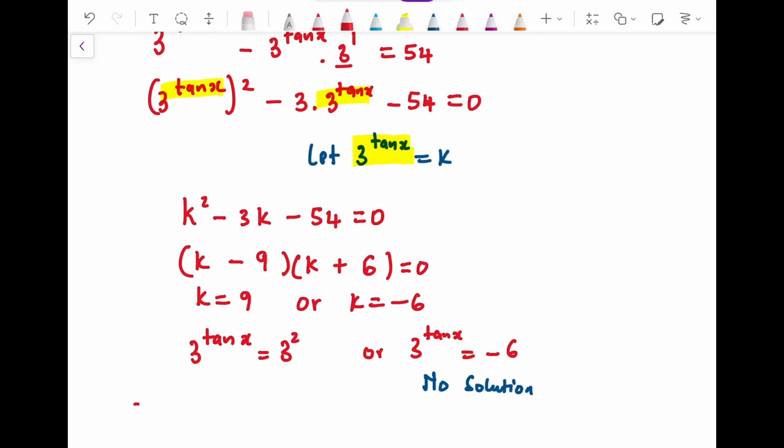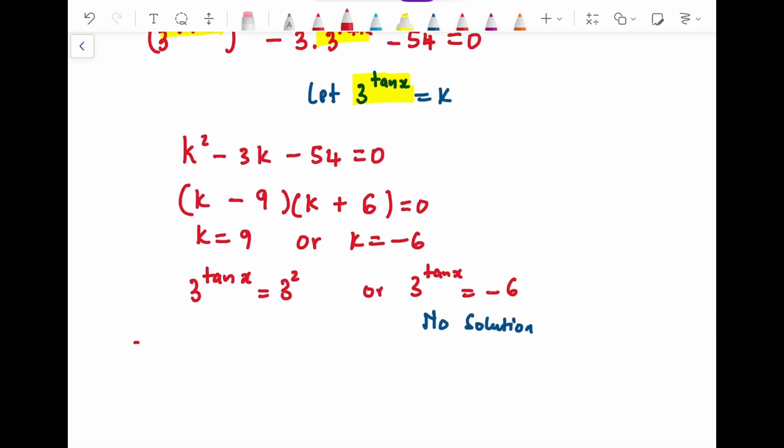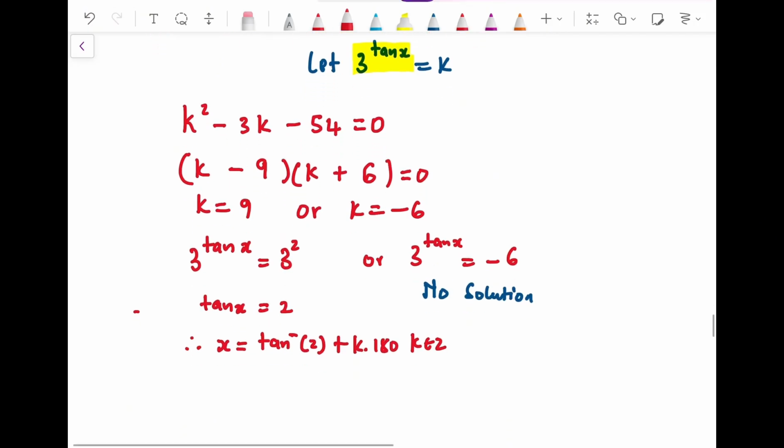And then, now, here we can see that the bases are the same, therefore exponents are equal. That means tan of x is equal to 2. And then from this we can solve for x. So therefore our x is equal to arctan of 2 plus k multiplied by 180, where k is an element of integers. Now what is arctan of 2?